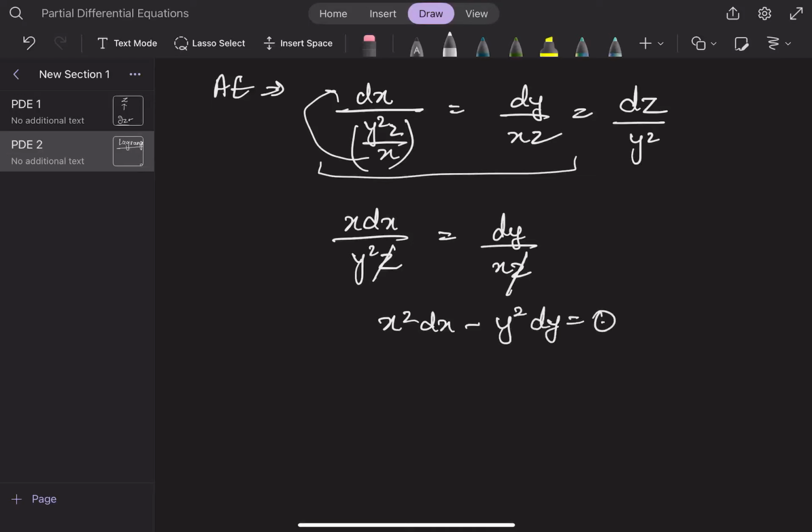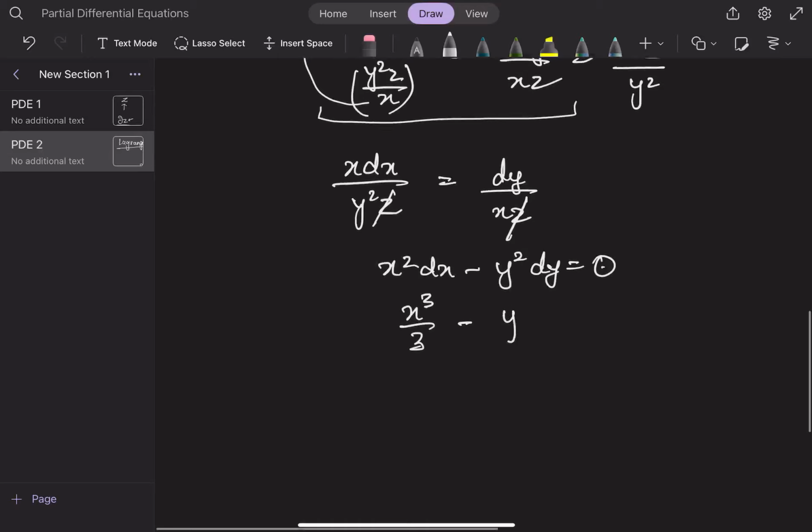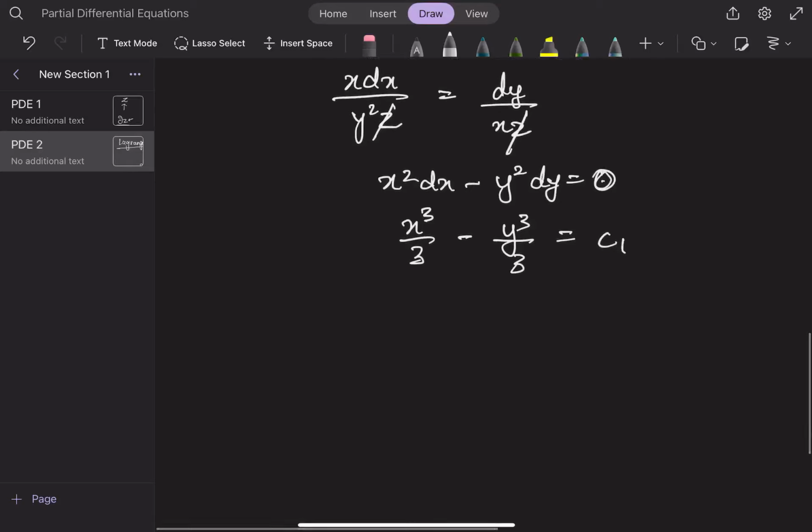Now what we're going to do, we're going to integrate this. So the integration of x square is x cubed by 3 minus integration of y square is y cubed by 3 is equal to c1. Integration of 0 is a constant. So now what you can do, you can take this 3 to this side because we don't need it.